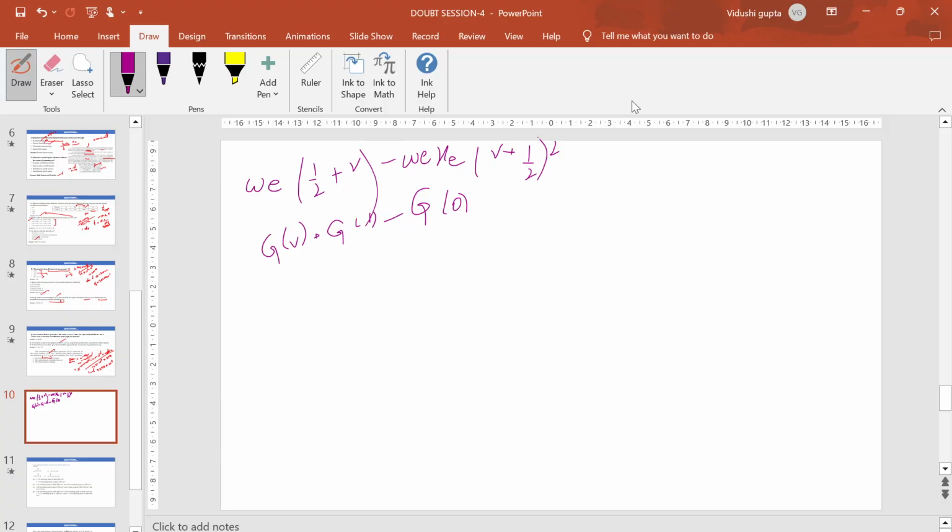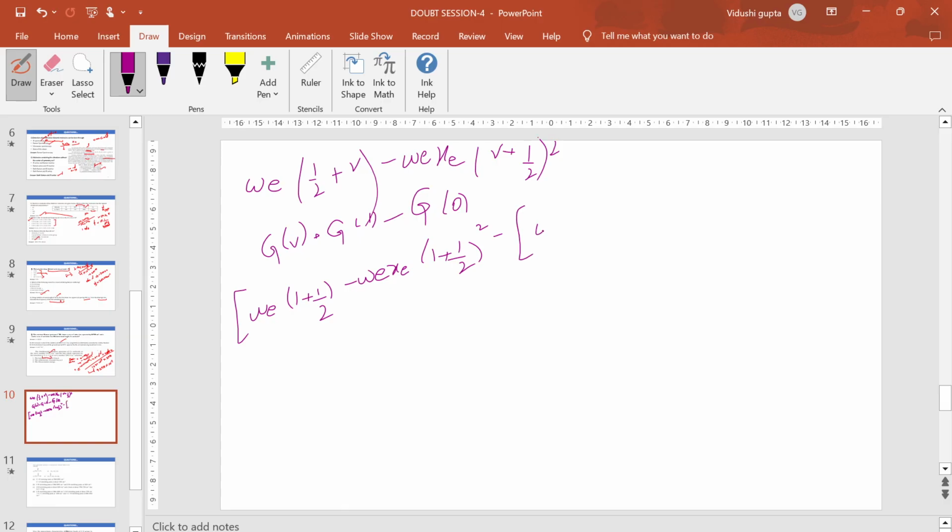Now it will be omega E, 1 plus half, minus omega E XE, one plus half whole square, minus, I'm just substituting the values.